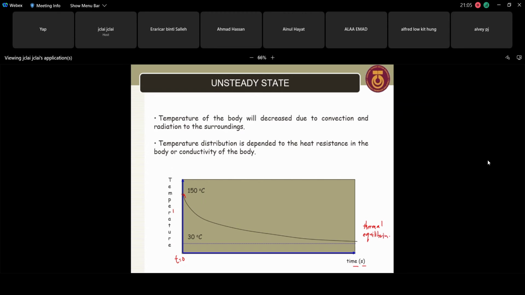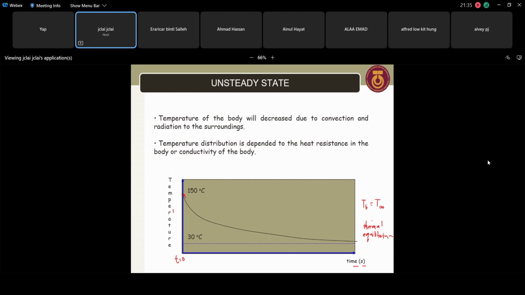Thermal equilibrium is a condition whereby the temperature of the body equals the temperature of the surroundings. T_B equals T infinity. T infinity here is 30 degrees Celsius. So at the end, if the time is long enough, the temperature of that object will become 30 degrees Celsius.